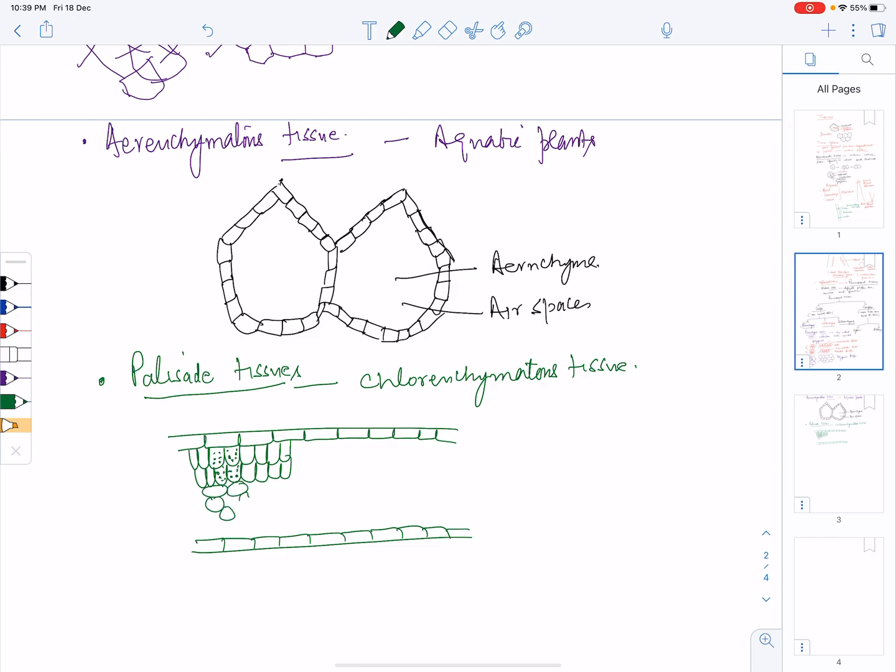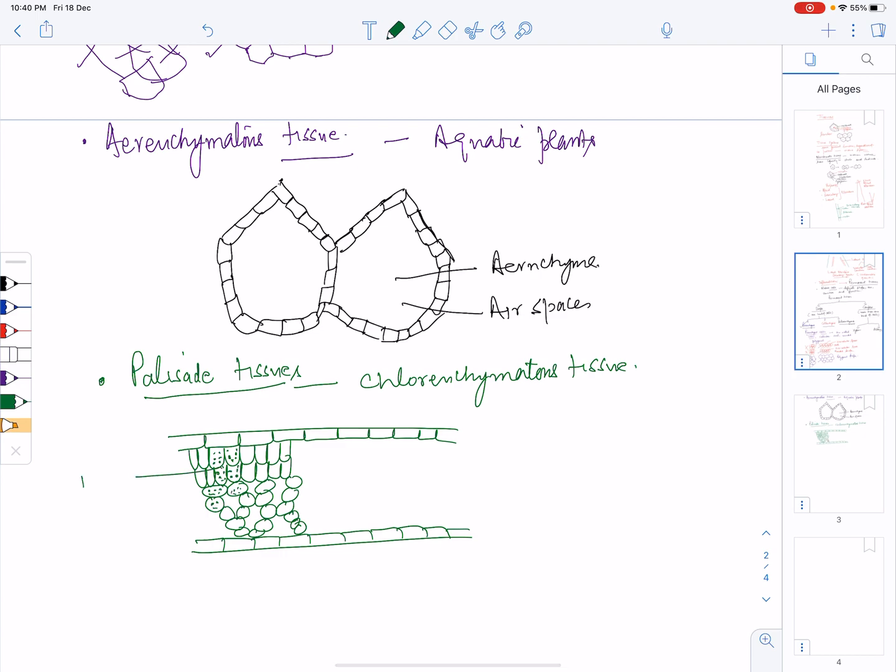Again, this is part of the parenchymatous tissue, enclosing air spaces also, helping in gaseous exchange during photosynthesis. Because this is green in color, having chloroplasts, this tissue will help in photosynthesis. All the cells will be having the chloroplast.